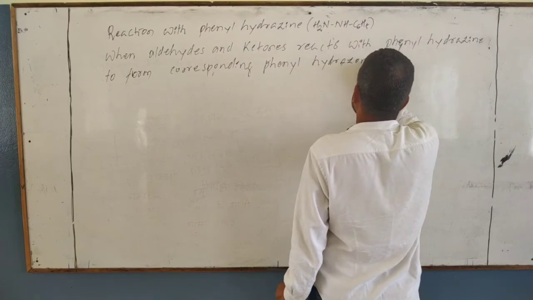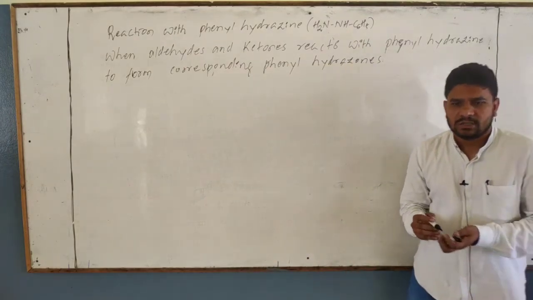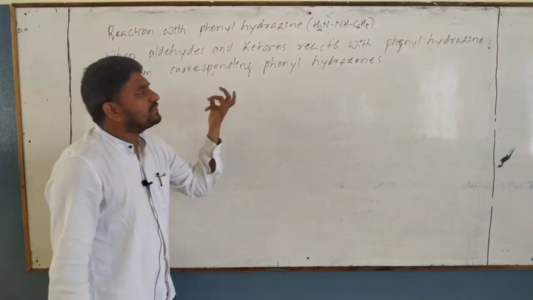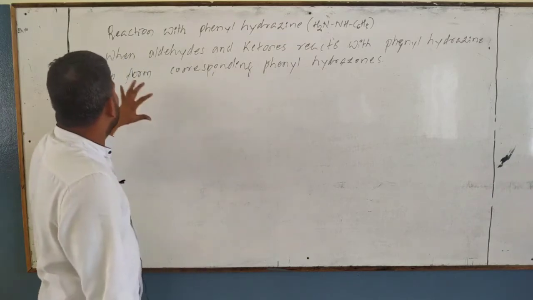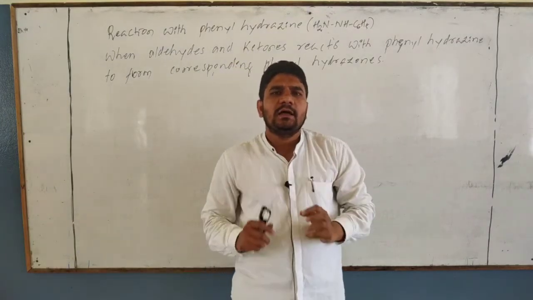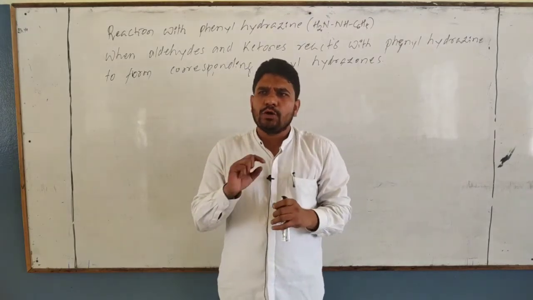What are the products? Phenylhydrazones are the products. Okay, listen. Aldehydes and ketones react with phenylhydrazine to form what? Corresponding phenylhydrazones. In the last reaction, what I told you, the same thing I am going to reiterate now.